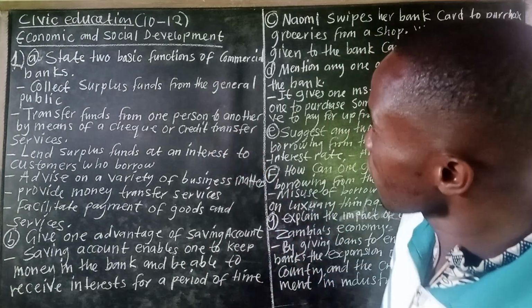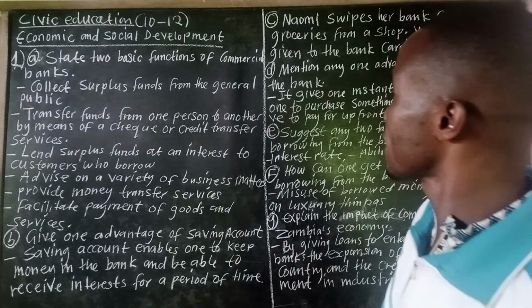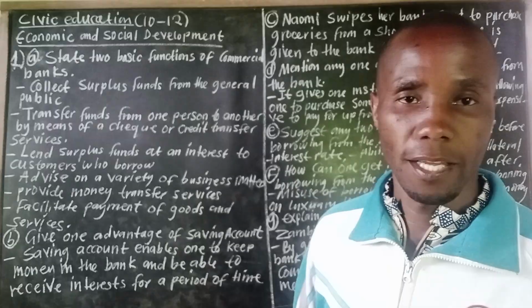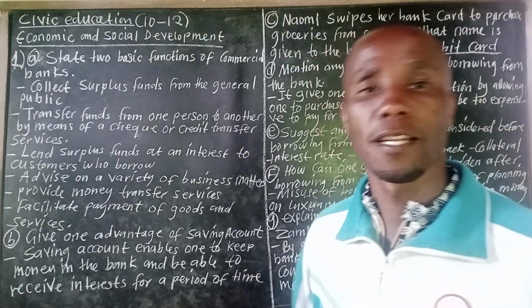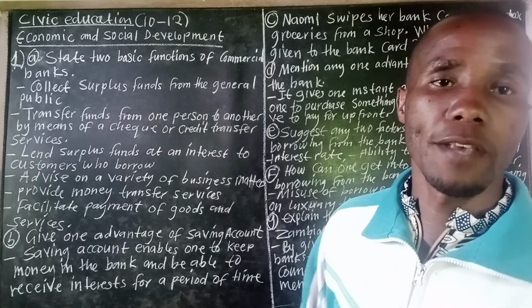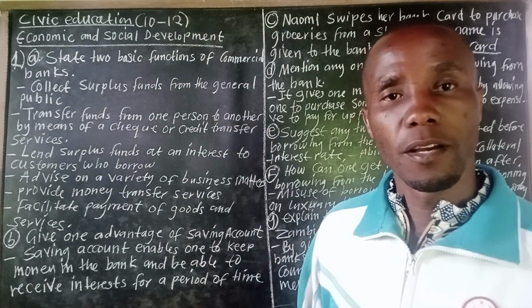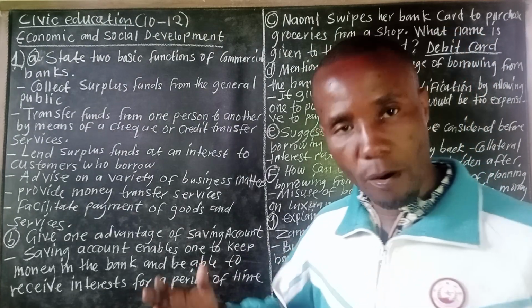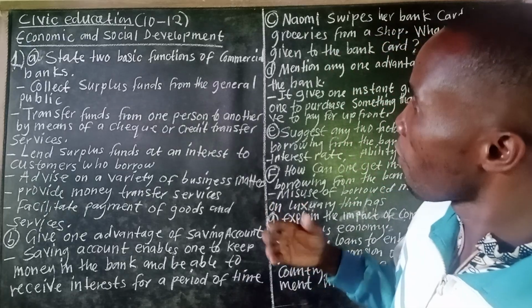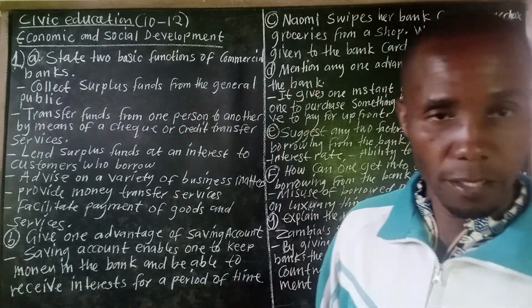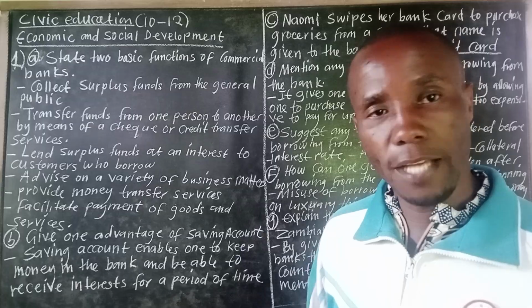So the first one is collect surplus funds from the general public. How do banks collect surplus from the general public? For example, you and I, maybe we have opened an account with a certain bank, for instance the NACO bank.